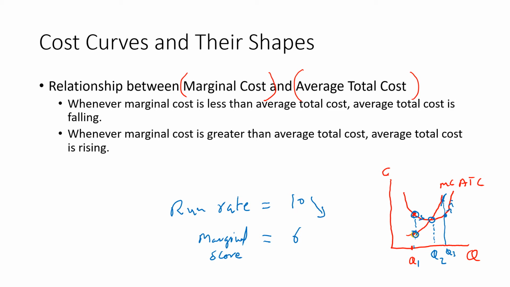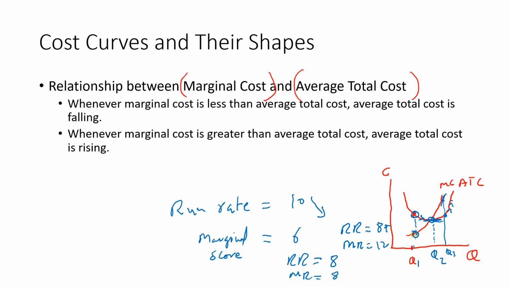When the run rate is, let's say, 8, and the marginal run is also 8, then the run rate will continue to be at 8, and that is the position where the slope is 0. It does not change. And let's say if the marginal score is, let's say, 12, and the run rate is at 8, then it will start increasing up to the point when it reaches 12.